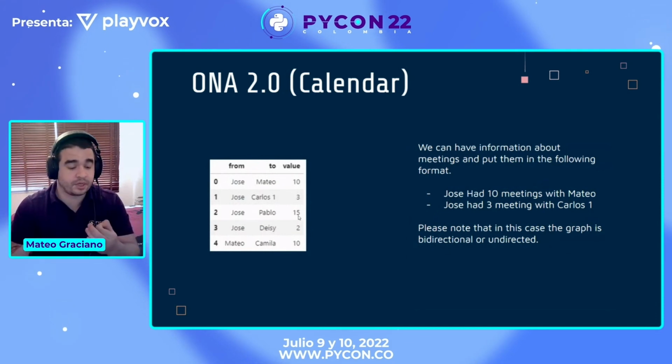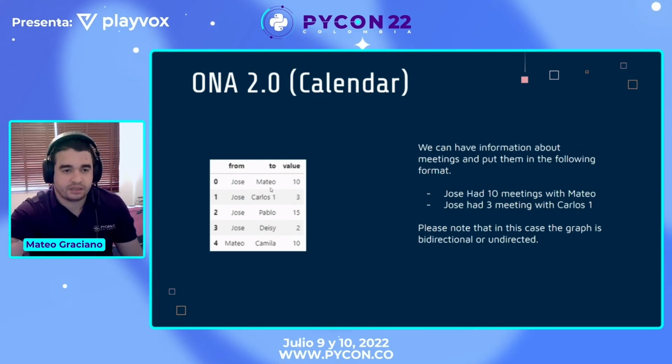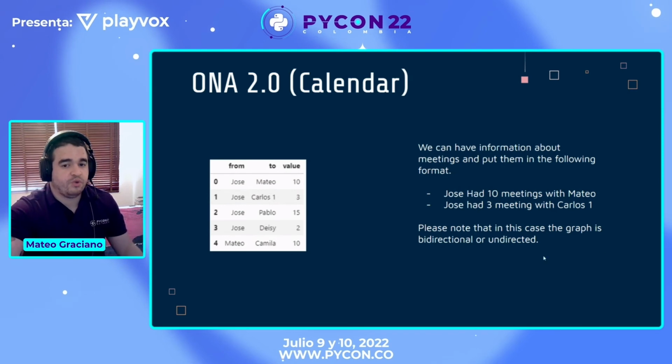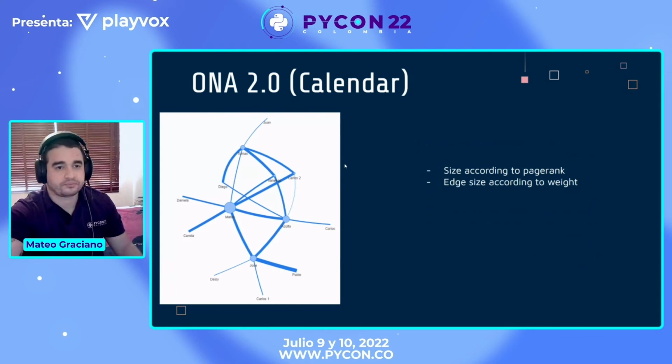In this case, you are able to see that this graph will be undirected, because Mateo having a meeting with Jose means that Jose also had that meeting with Mateo.